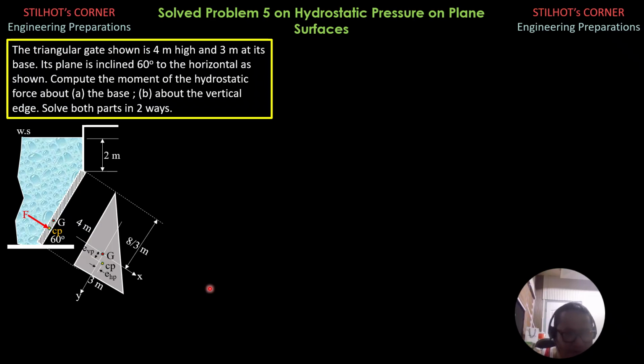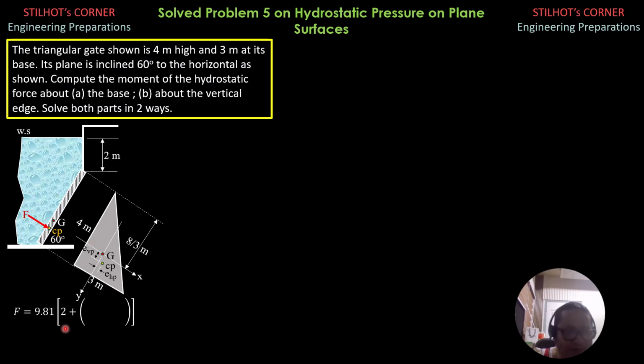Now F is the specific weight of water times Hg, where Hg is 2 plus this vertical distance, which is the hypotenuse 8/3 times sine of 60. So Hg is 2 plus 8/3 sine 60. The area of the triangle is 1/2 times 3 times 4, so it's 6.